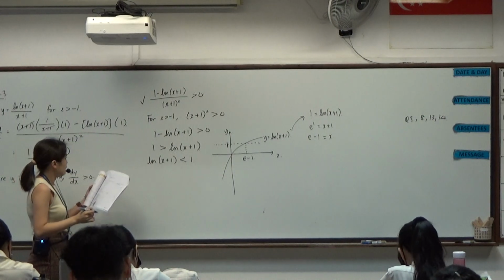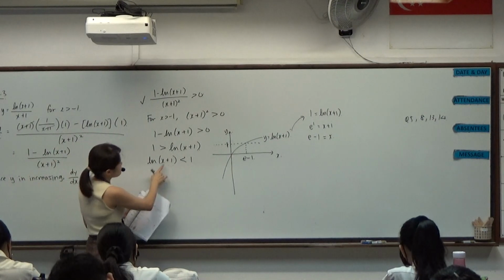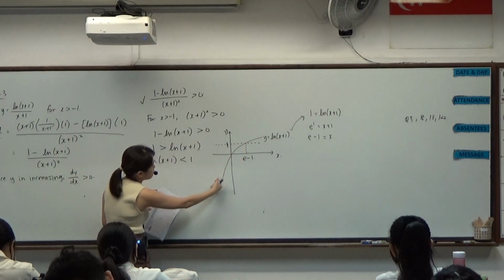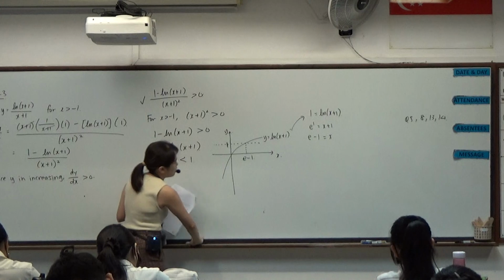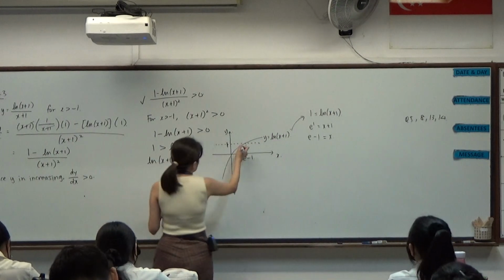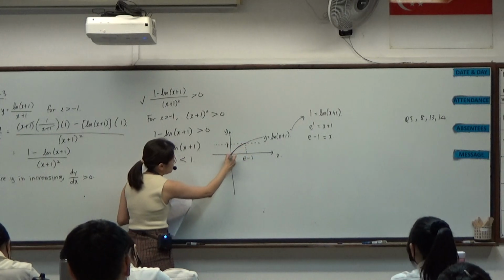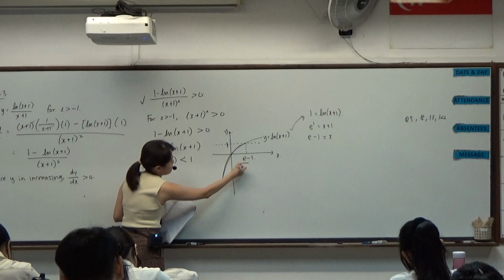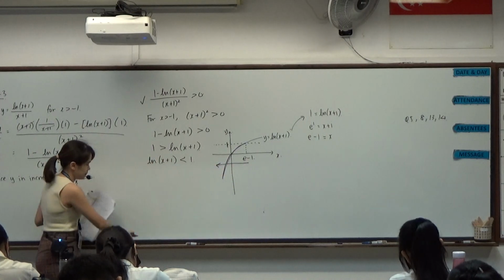Therefore, since we're looking at the part where our logarithmic graph is below y equals 1, and this is the part that is below, the range of values of x is anything from e minus 1 and below.